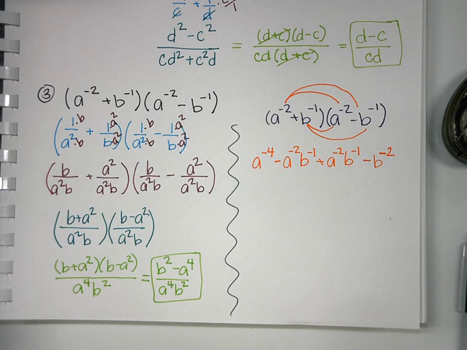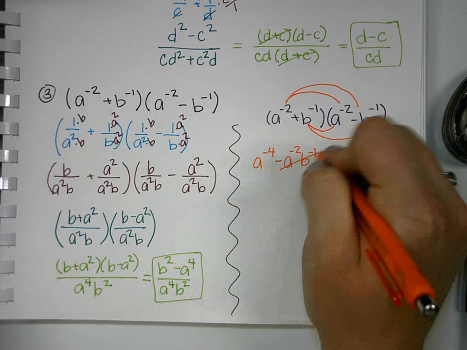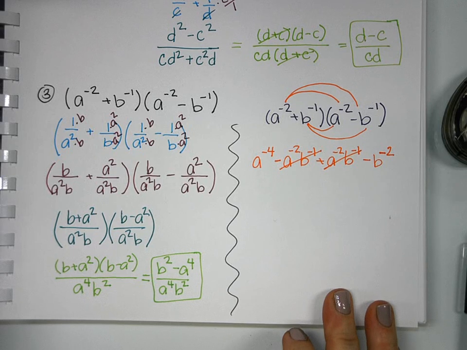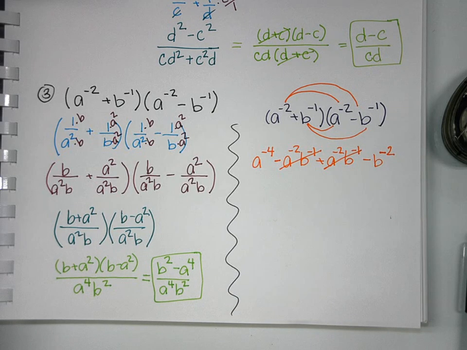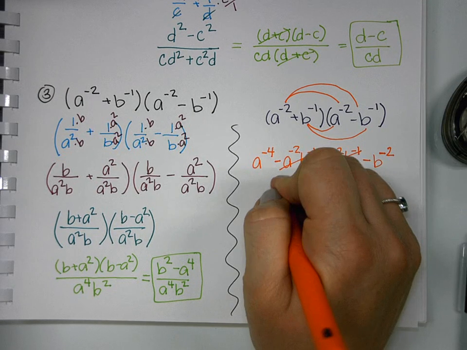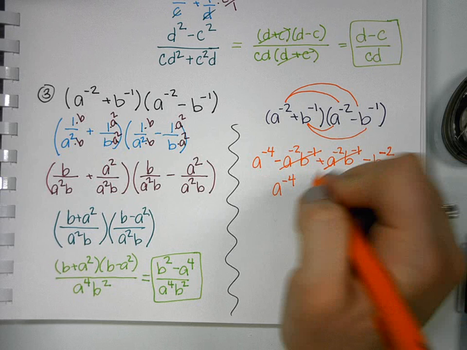So just FOILing it together, and in doing that, I can cancel these out because those add up to 0. Even though the exponents are negative, the coefficients, because they're the same variables, will add up to 0, leaving us with this expression.